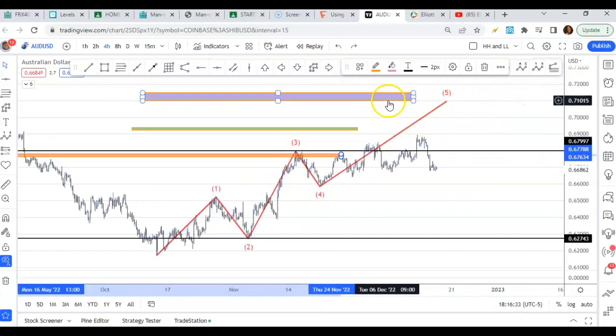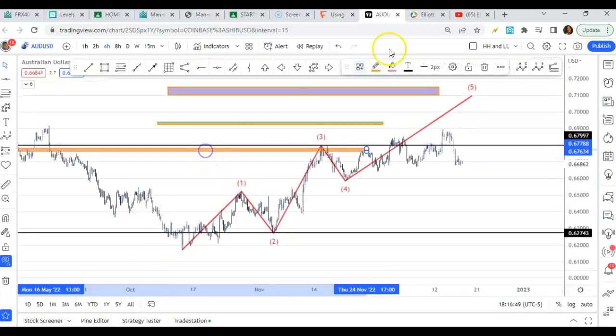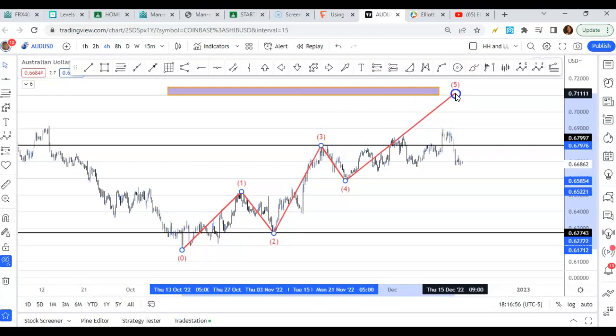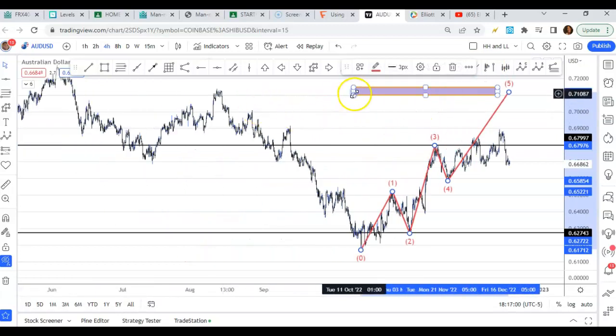So right now I am basing my projection that 5 will be here, because as you can see, when I did the extension levels for each one of these waves, based on the 3 where I had doubled up initially, there's a strong case that the market will come here. And another way you can build your case is to stretch this box over.